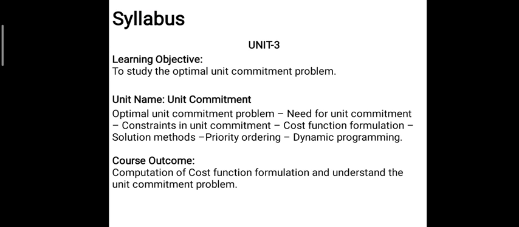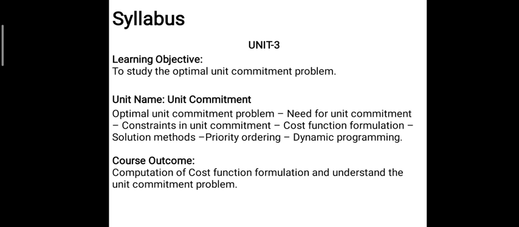By covering all these topics, we have an idea of what unit commitment is and how the generators can be operated to meet the demand at minimum cost and generate the maximum power in megawatts.